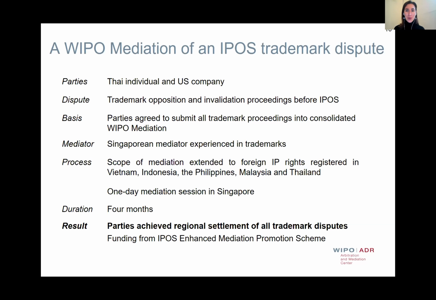And all those disputes were settled in Singapore. A settlement was reached, a settlement covering all jurisdictions within a day. And here the parties also used the funding from IPOS, the EMPS. So this was, I find, a very excellent example of how mediation can help you resolve also disputes internationally.